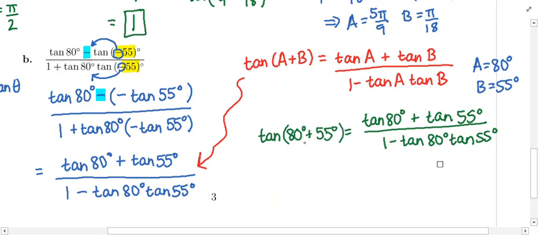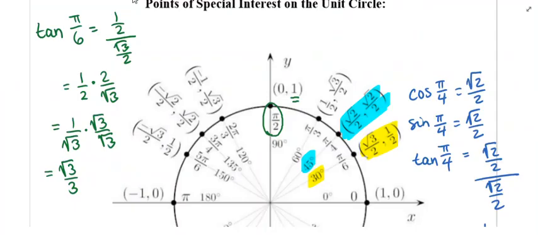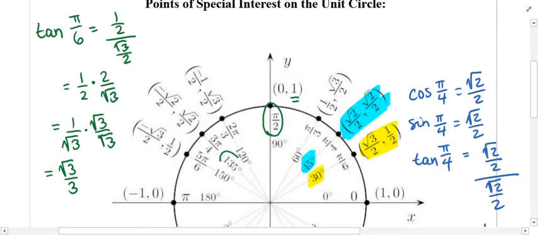If you add these two angles, 80 degrees plus 55 degrees, this is going to be the tangent of 135 degrees. Now we can revisit our unit circle and look at 135 degrees. Here's the point on the unit circle that we need to look at.